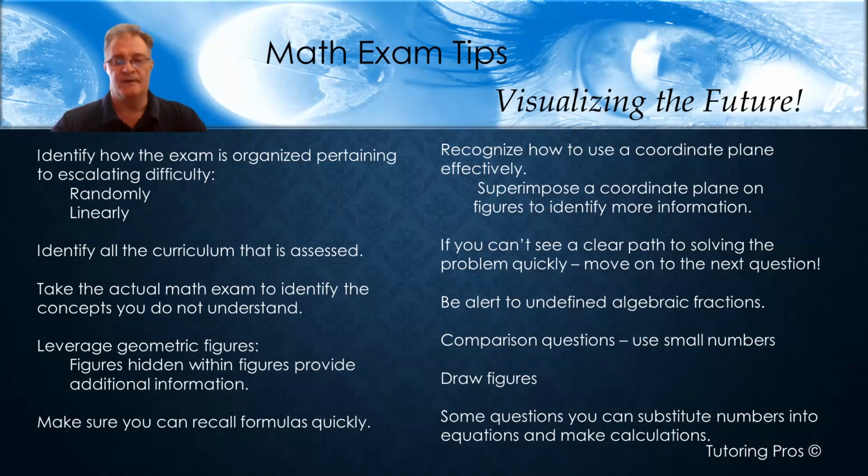So one of the first things I think you should do is make sure you understand how the math exam is organized. Is it organized from a random standpoint, or is it linearly organized? When I say linearly organized, what I mean is, for instance, the ACT organizes its math exam, starts with consumer-based mathematics.